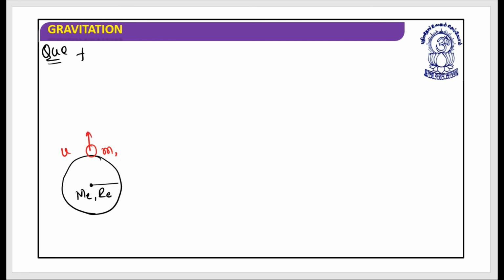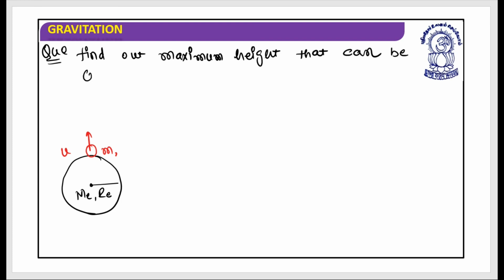The question asks that we find out the maximum height that can be covered by the object having mass m.